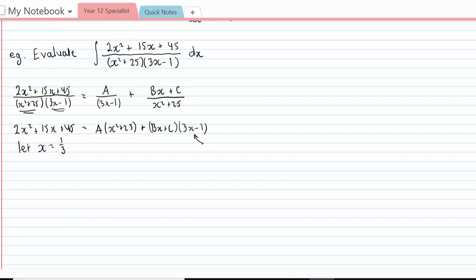We know that 0 times bx plus c is going to still be 0. So that leaves us with, remembering I've got x equal to 1/3, 2 times 1/3 squared plus 15 times 1/3 plus 45 equals a times 1/3 squared plus 25.